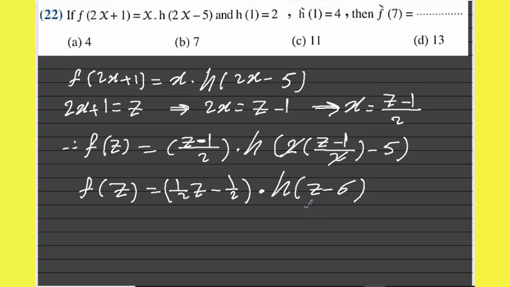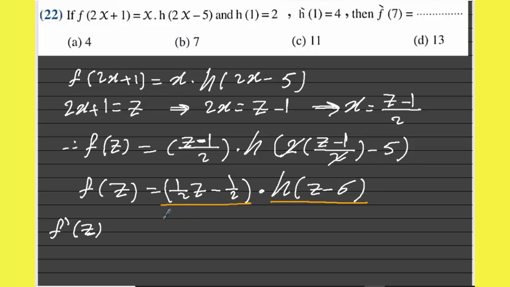Now we want to take the derivative of this function to find f dash of z. Here I take the derivative with respect to z. Here I have two functions, the first and the second.